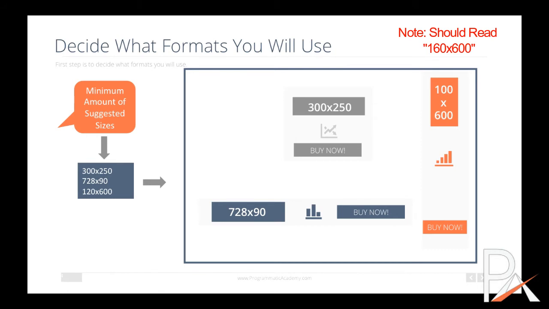That was just a point I wanted to make and stress, okay? Obviously, before you do that, you want to decide which formats you're going to use. At minimum, and I would say to start off any basic programmatic campaign, you want to go with a standard 300 by 250, a 100 by 600 or 120 by 600, depending on how you're measuring the skyscraper, and a leaderboard 728 by 90.